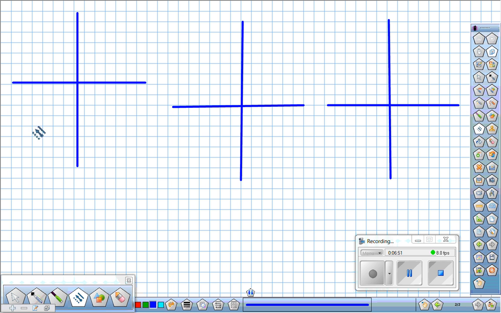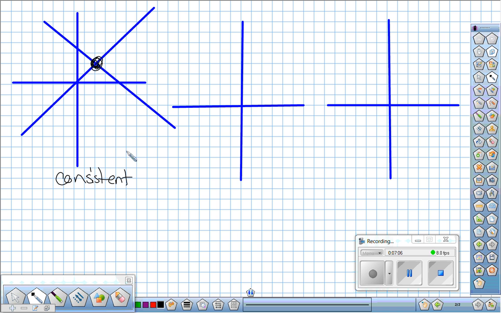I could have lines that cross just like those last ones did, and they cross in one specific point. That is what we call consistent because it has a solution. And the lines are obviously not parallel because they do not go together, so it's considered independent.